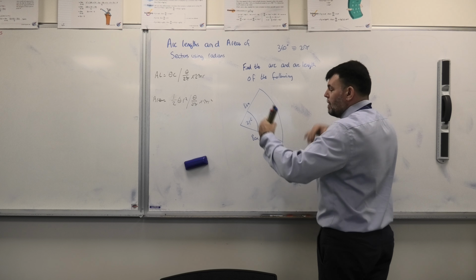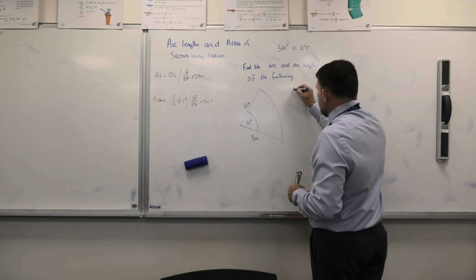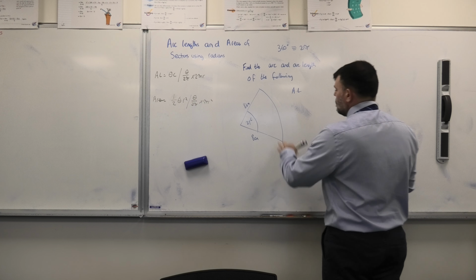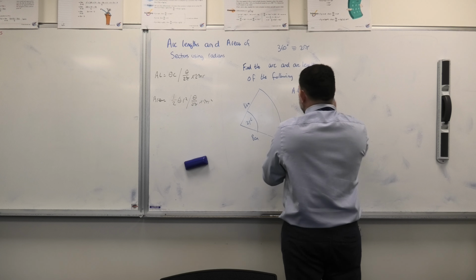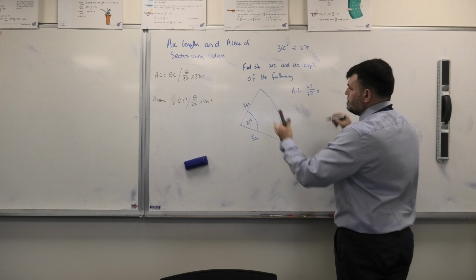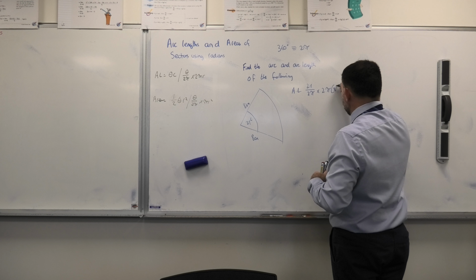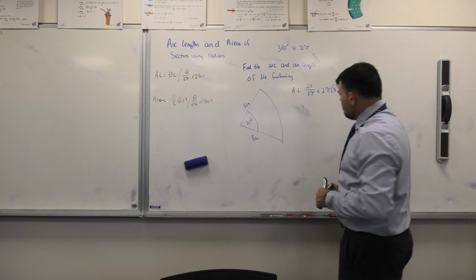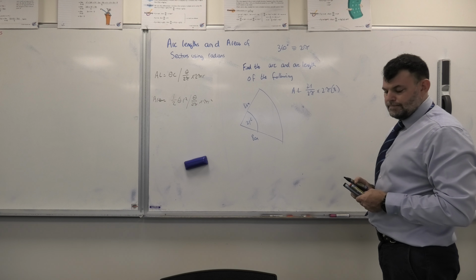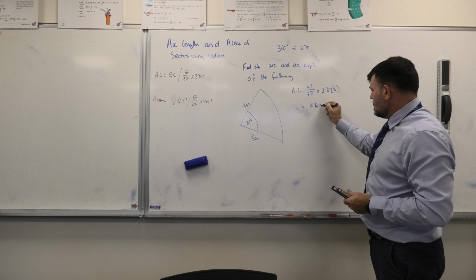So let's do it both ways just so you can see how it works. Arc length, where our arc length is going to be 2.1 over 2 pi times 2 times pi times 8. If we do that calculation correctly, we should get something like 16.8 centimeters.